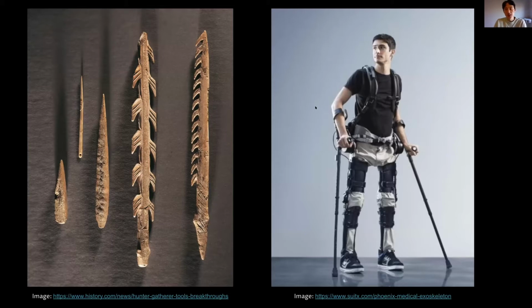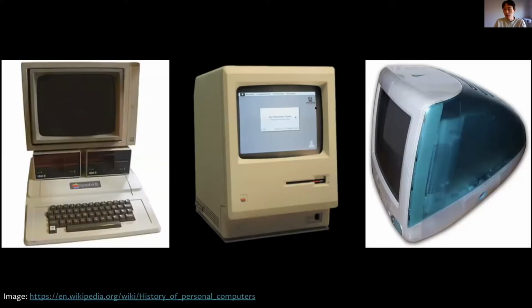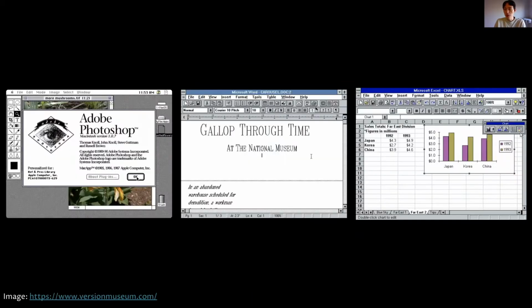And it was digital devices like personal computers that extended our memory as well as expanded our intelligence and cognitive capabilities. And likewise, all these tools that you must be familiar with, like Adobe Photoshop and Microsoft Word and spreadsheets, these tools revolutionized the way we draw, the way we write, and the way we crunch numbers.